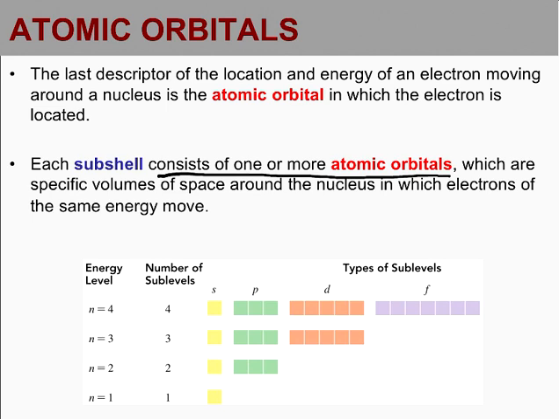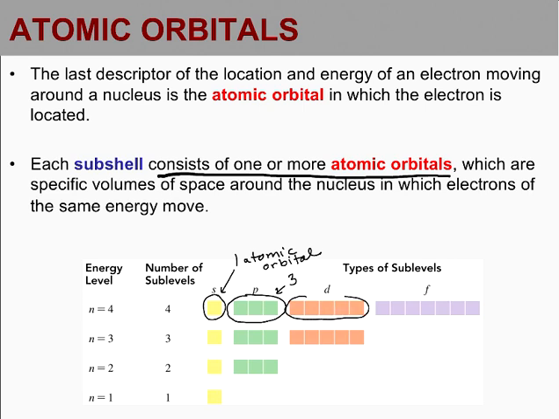So you might already be able to tell that in an s sublevel, we have just one atomic orbital. And then in a p subshell, we have 3 atomic orbitals.